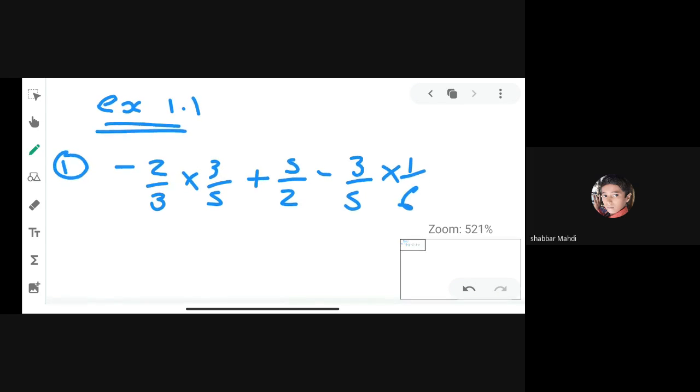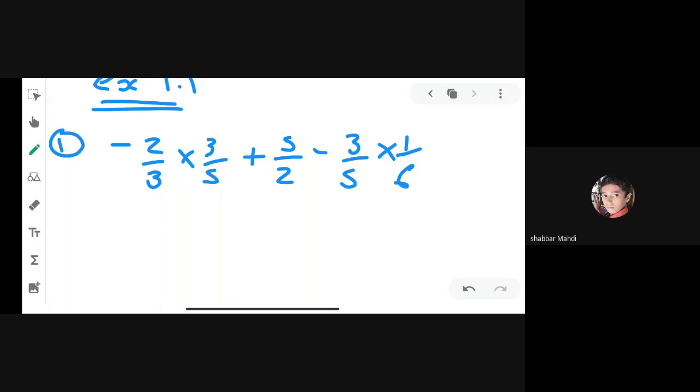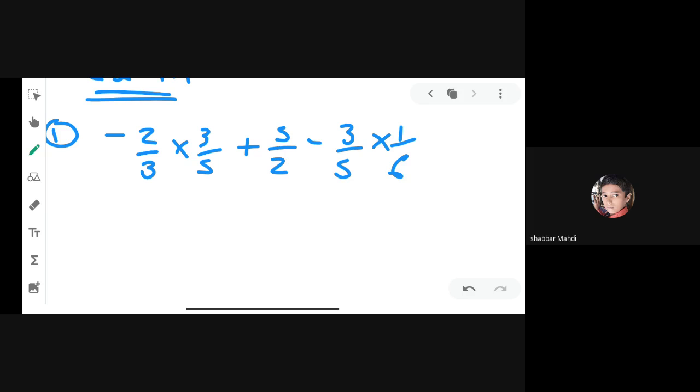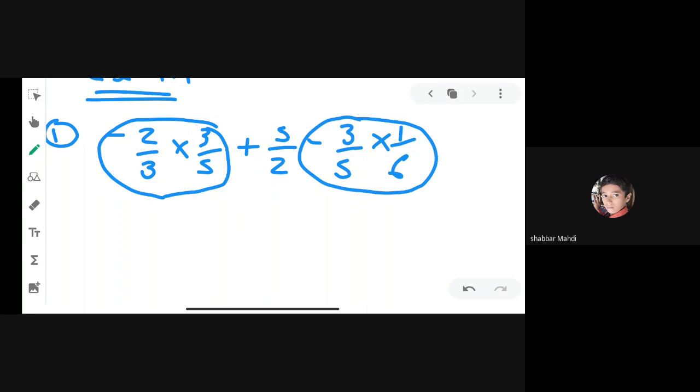Okay, now you can see we have to solve this question with the help of properties. Which property do we have to use? Closure, commutativity, associativity, and distributive. Out of these 4 properties, we are using some here. Now you can see first these two numbers, minus 2 by 3 into 3 by 5, and minus 3 by 5 into 1 by 6.